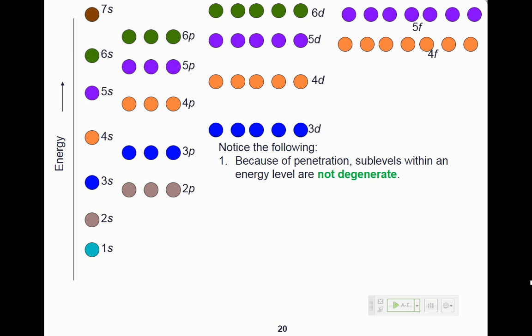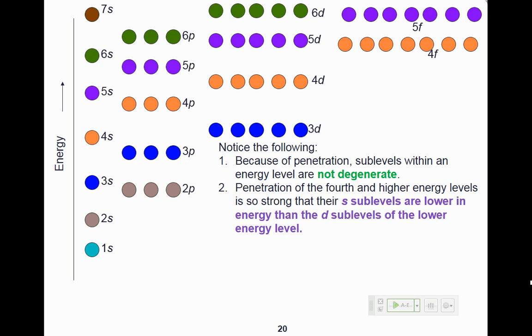They increase as we go up from s, p, d, and f. So they're not degenerate. Penetration at the 4th energy level, when you start getting to those bigger elements, is so strong that sometimes the s sublevel can actually be lower than the f of the lower quantum energy level. We really don't see this too much until we get into much larger quantum numbers.